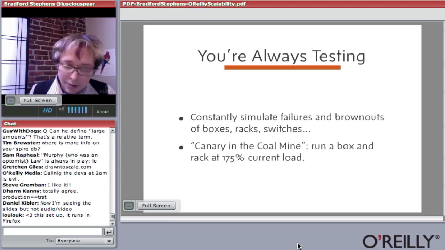One tip I got from James Hamilton, who's one of the major architects of the Amazon cloud, is the canary in a coal mine. Write a little bit of code or change your routing protocols so that one or a few boxes, or perhaps even a whole switch, runs at 175% of the current load.